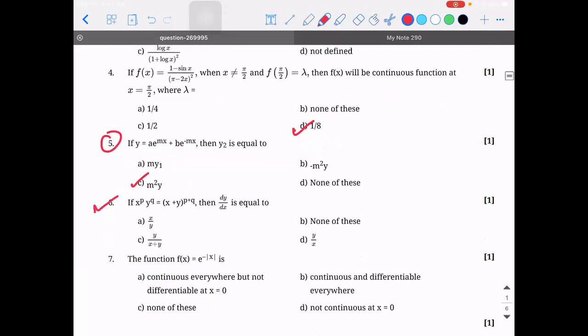Similarly, sixth one, what are we supposed to do? x power p into y power q is equal to (x plus y) the whole power p plus q. Then dy by dx is? Again, this problem needs log. So take log on both the sides. Do it fast and tell me what is the answer.